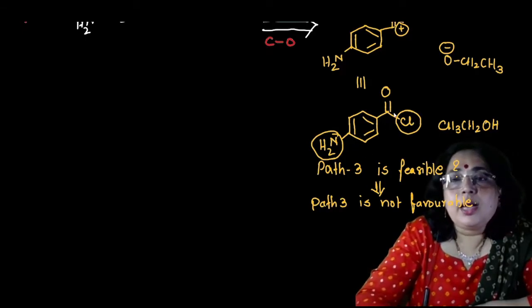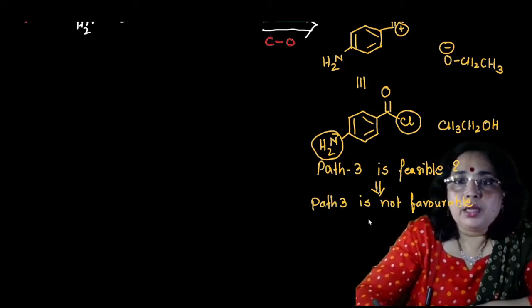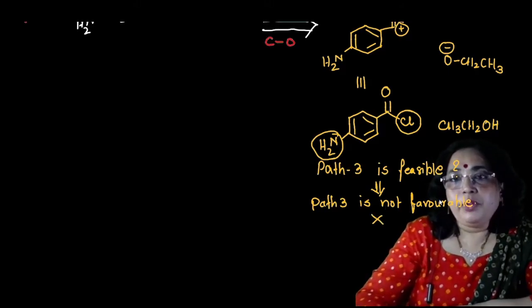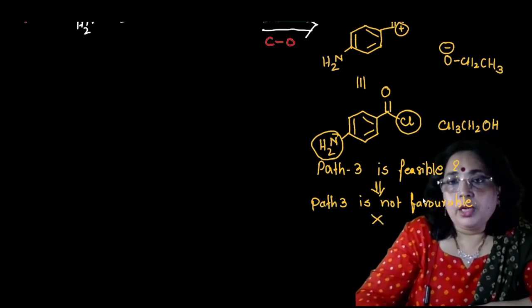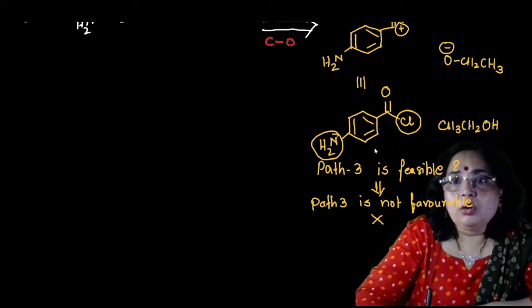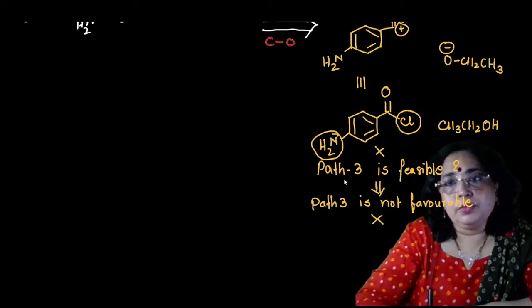So the acyl chloride in the presence of NH2 will not form, and here path 3 is not going to be favorable. It is not going to be obtained. We are not getting the desirable products over here.